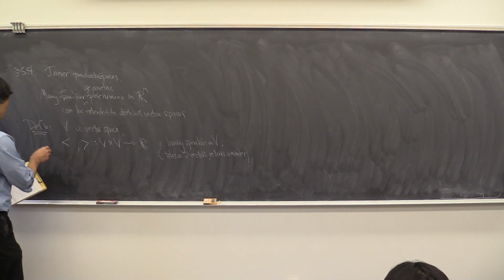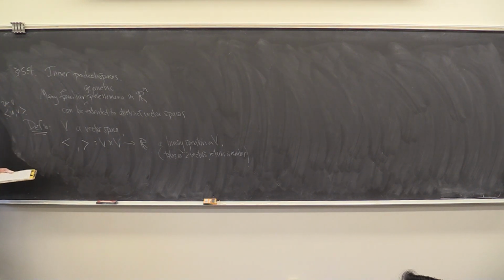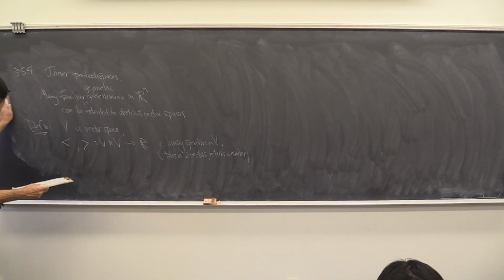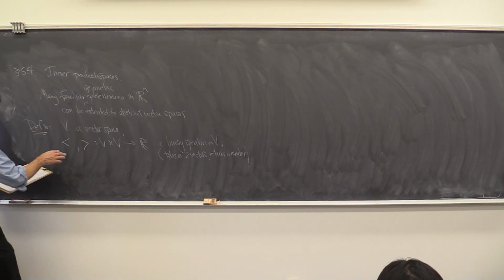Instead of writing u dot v, I'm going to write the bracket u comma v. So you have this binary operation that satisfies three things.